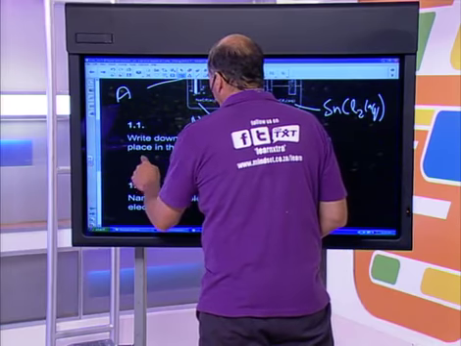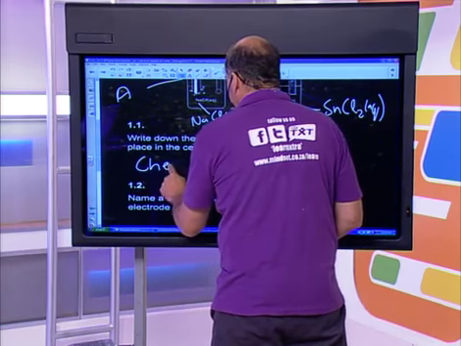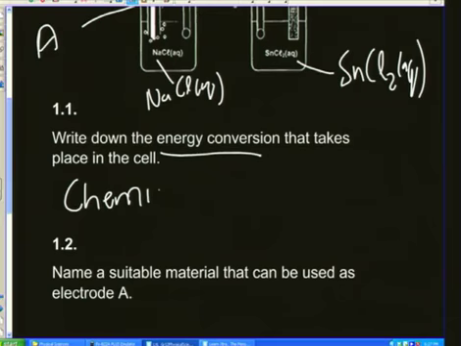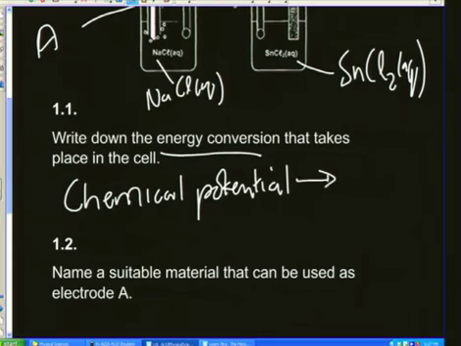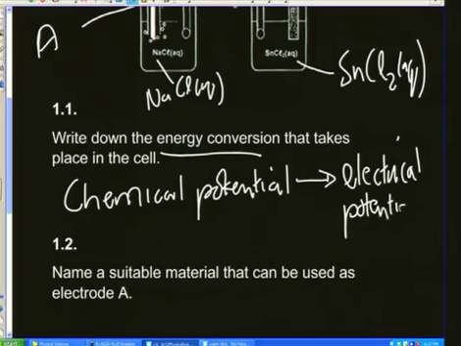In a galvanic cell, we've got chemical potential energy, and it creates electrical potential. That electrical potential can be used to drive a current in a closed circuit.